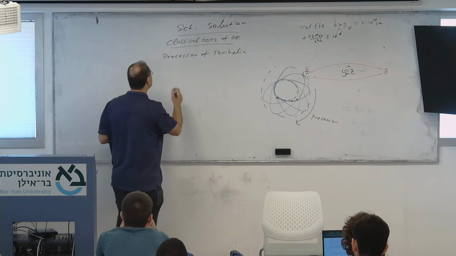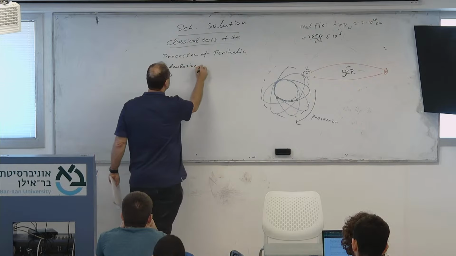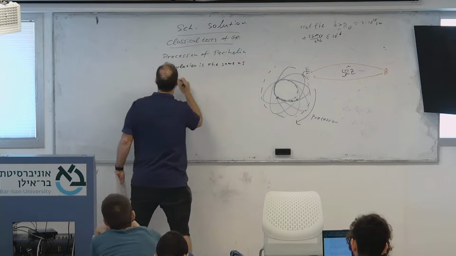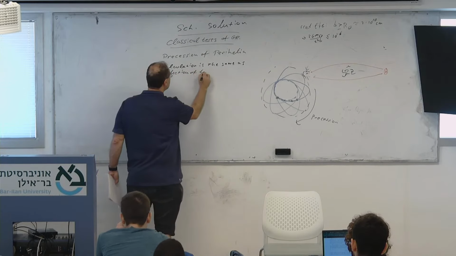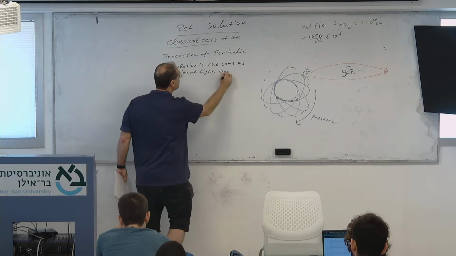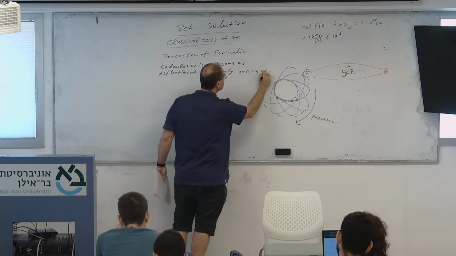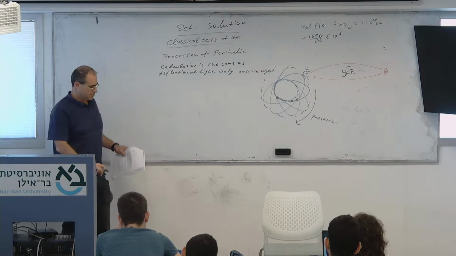So the calculation is the same as the deflection of light, only for a massive object. There's nothing fancy here.